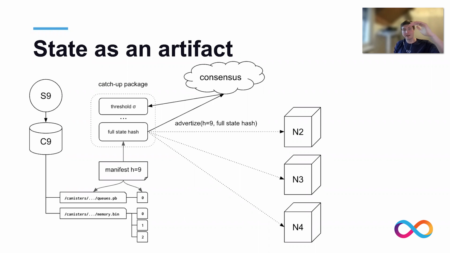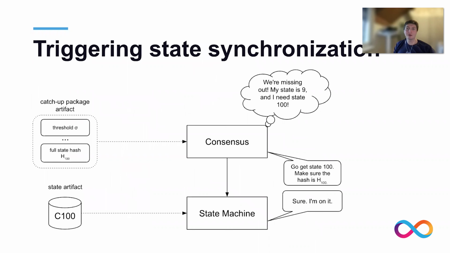Some nodes advertise that they have the state at height 9 with this hash. Some nodes advertise the same state with a different hash. Whom can you trust? The catch-up package is the thing which allows you to figure out whom you can trust.